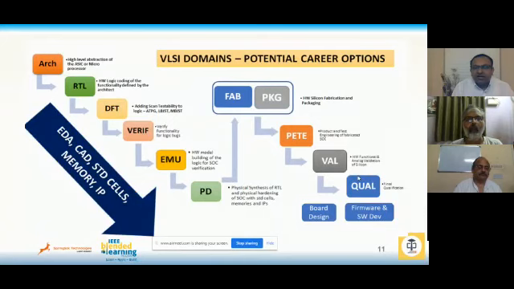Then the silicon is cut and put into packages, and the post-package devices are tested in the validation domain, on test benches and boards, before they're finally qualified. And there are a lot of areas that go with the firmware and software development as well.